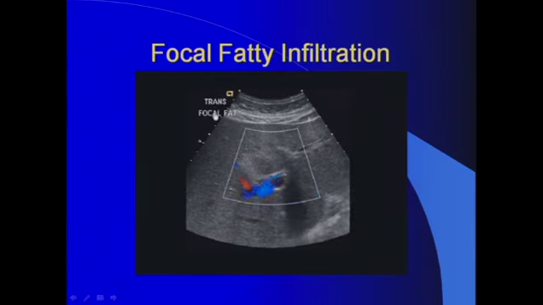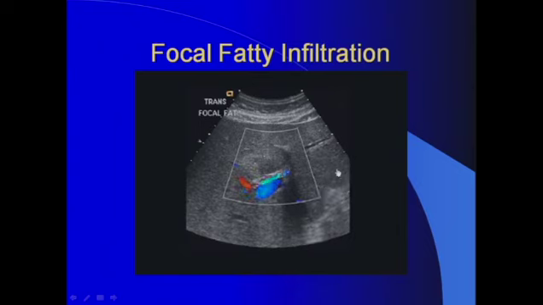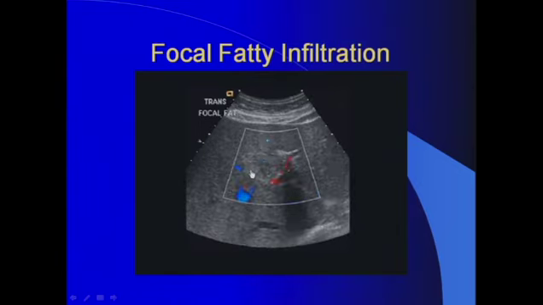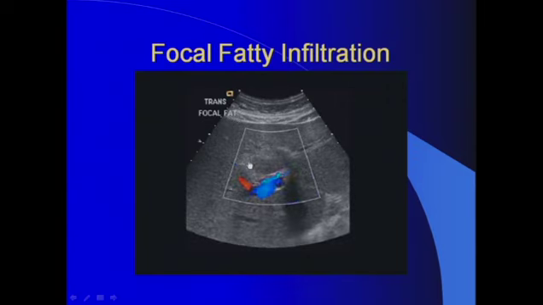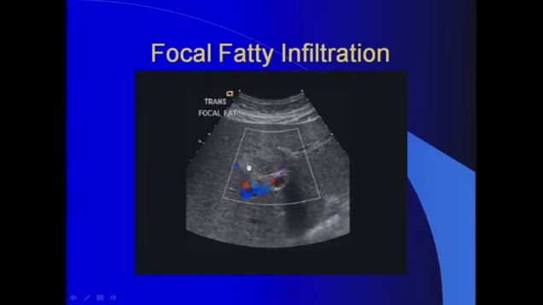Another example of a focal fatty infiltration. You can see the liver looks fine here, but this area in front of the portal vein is demonstrating increased echogenicity with some patchy areas of hypoechogenicity. The vessels are coursing nicely through it, no distortion.